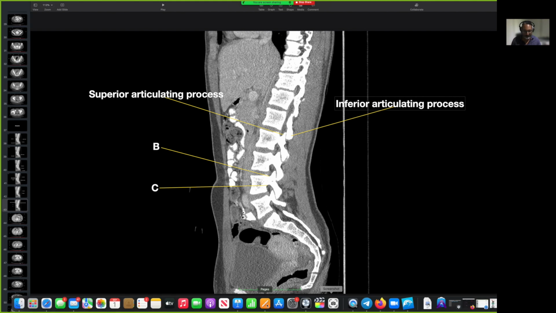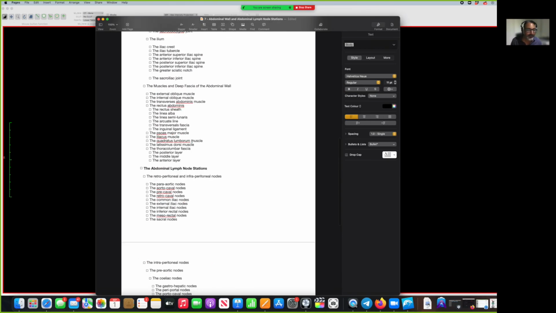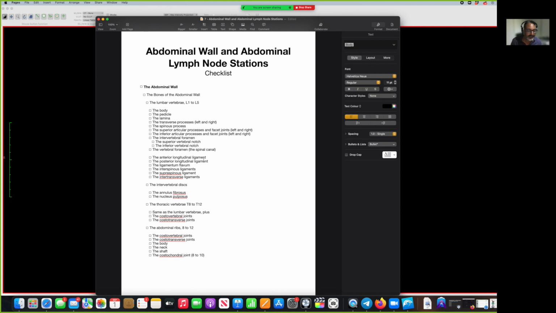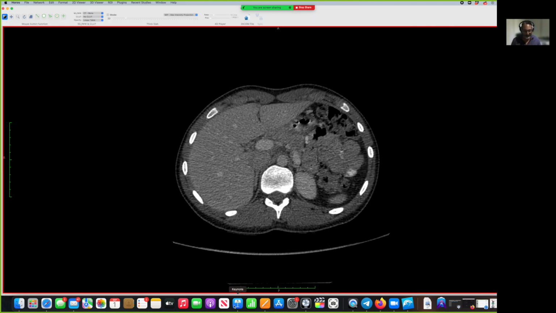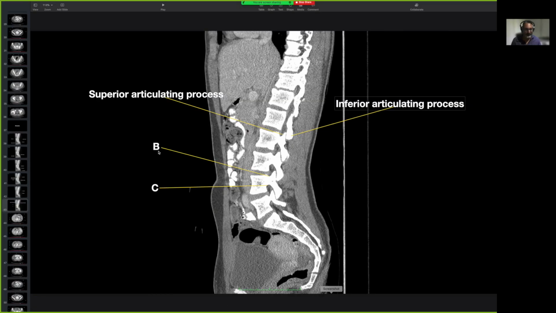I forgot the name of them. Hold on, I've got the name here. Yeah, the superior and inferior vertebral notch. That's what it was. So this is the superior vertebral notch, and this is the inferior.